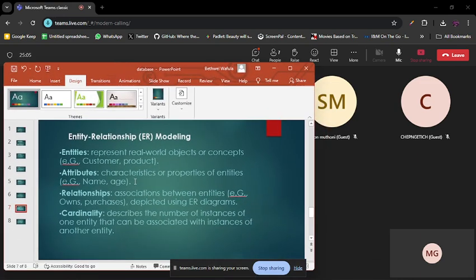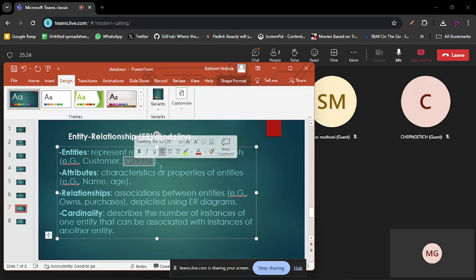James. Entities represent real-world objects or concepts. Good. So an entity is something that represents something in the real world, let's say a customer or a product or a certain service.